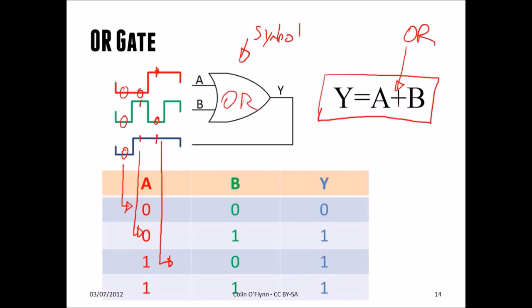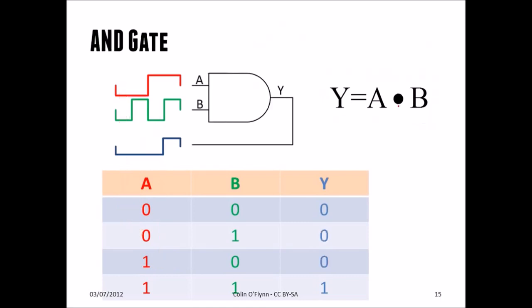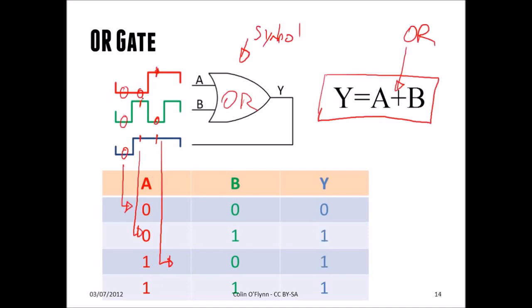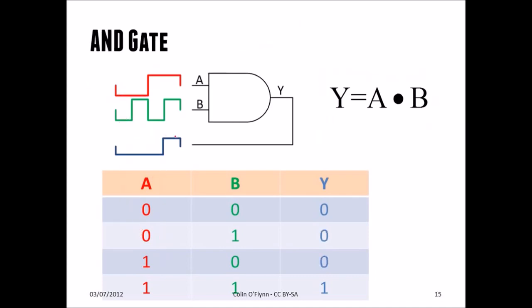So the OR gate's just one of several basic entities we have. The next one is the AND gate. And the AND gate's output is high only when A and B are 1. So again, we have the same input waveform as before, except for the output, the only state where the output is 1, I should say, is this final entry here.